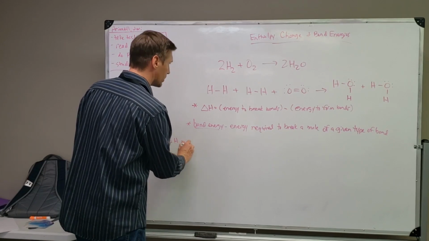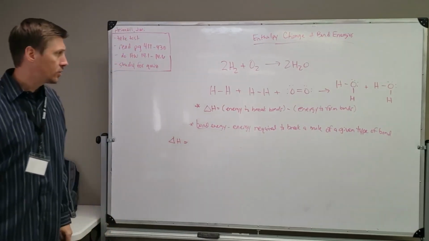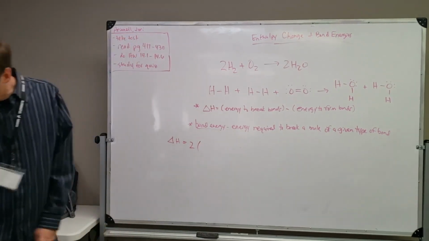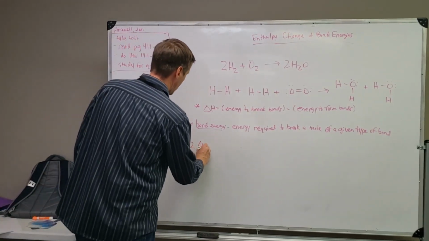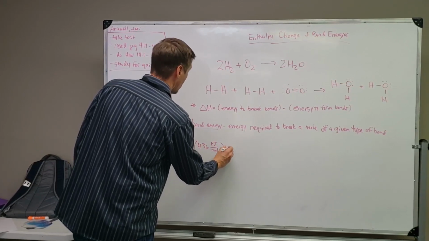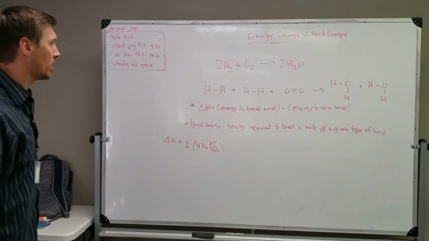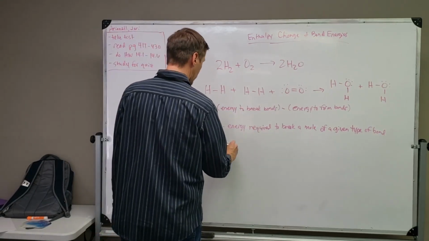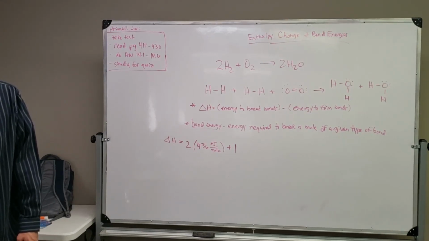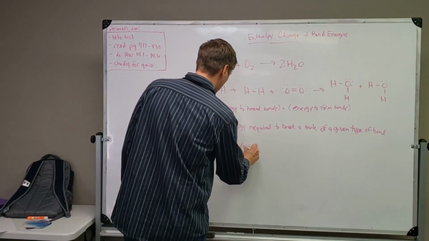So change in H equals the energy to break the bonds. What we have here is we have 2 hydrogen bonds, right? So it's going to be 2 times 436 kilojoules per mole. Energy required to break the bonds, and also on this side where the bonds are being broken, we also have 1 oxygen double bond here, 498 kilojoules.